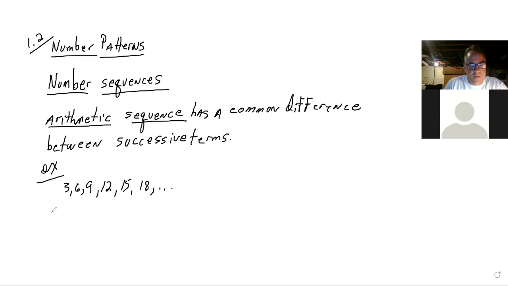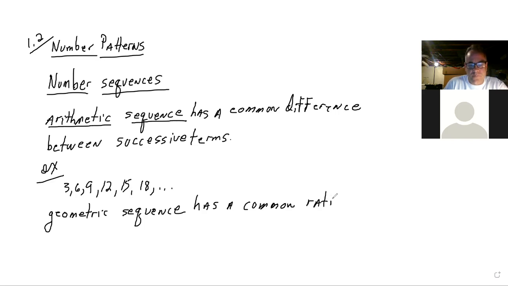And then the other big one we'll look at, we're going to call geometric. A geometric sequence has a common ratio between successive terms.